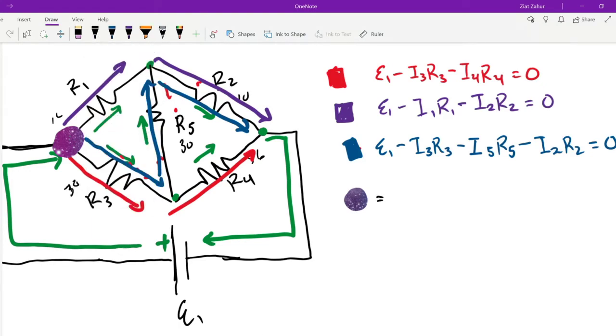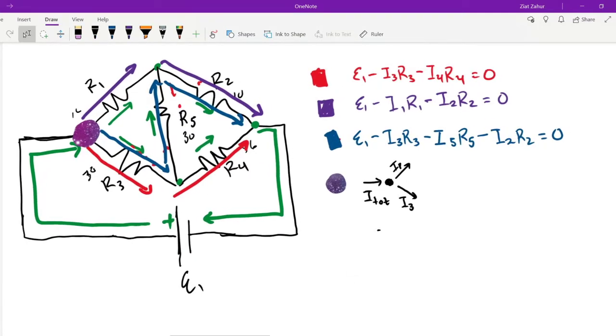For the first junction, we have the total current going in, and then I1 going upwards, and I3 going downwards. Okay, so our equation would be I total is equal to I1 plus I3.